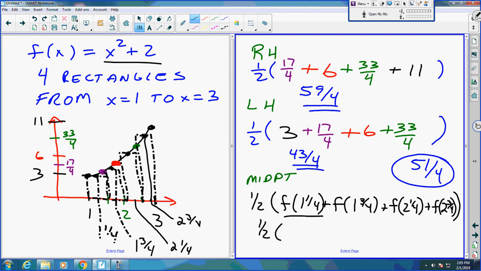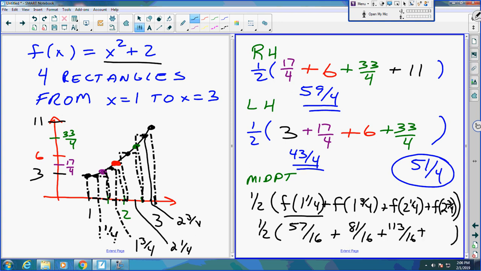And again, this is why plus 2 is a kind of a pain. It's 25/16 plus 32. How about 57/16? Plus 81/16. The next one is 9/4, which is 1 plus 16. 21 plus 32. 113/16.